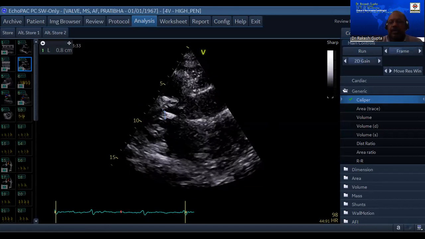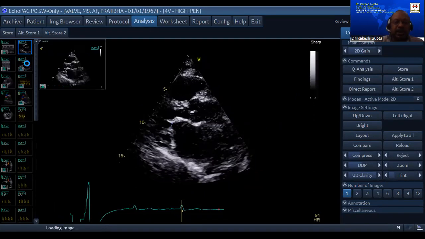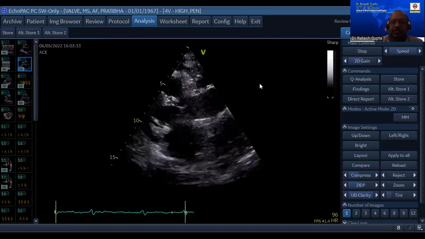Third, when these primary or secondary cords are not able to open completely, what will happen to the mitral valve opening? This is known as mitral valve cusp separation in Plax window. So let's see how much the cusp separation in this window is.